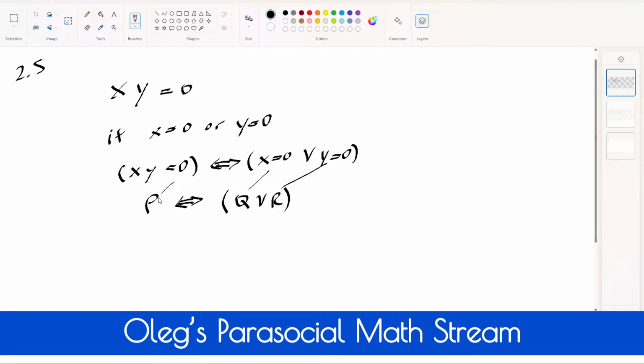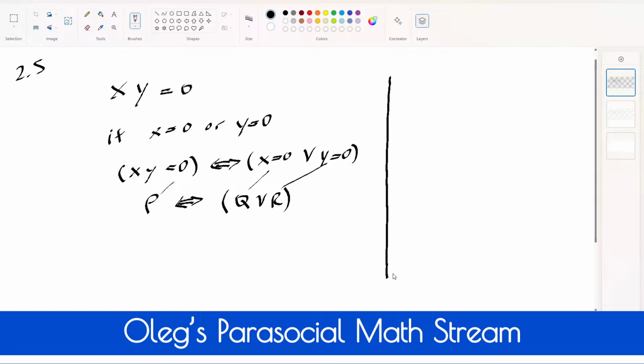Now we're going to make a truth table for this. When you have, okay, this increases by the power of 2. For instance, if you have just P, then it's binary. It's true or false.